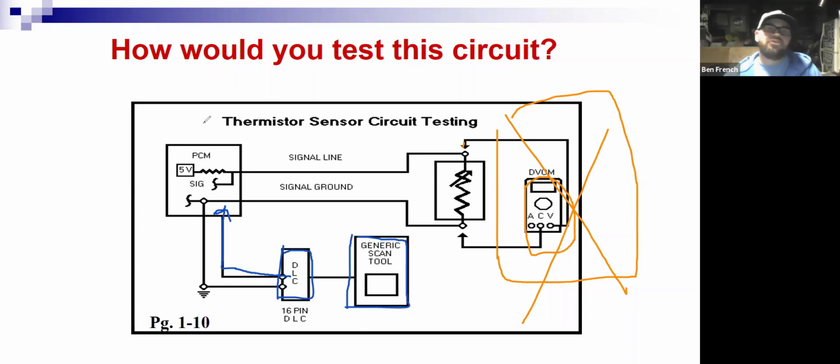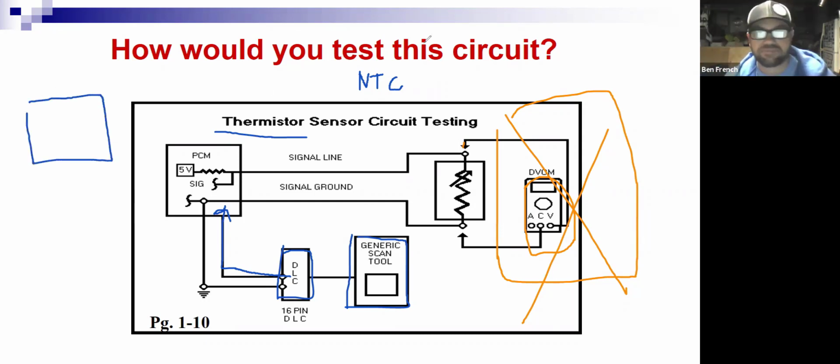Well, this is a thermistor, meaning that it's a resistor that changes its resistance with temperature. And most of these are what they call NTCs, negative temperature coefficient, which means that as they get hotter, their resistance goes down. So if you were to graph it out, and this was hot over here, what you would see is the resistance would drop.